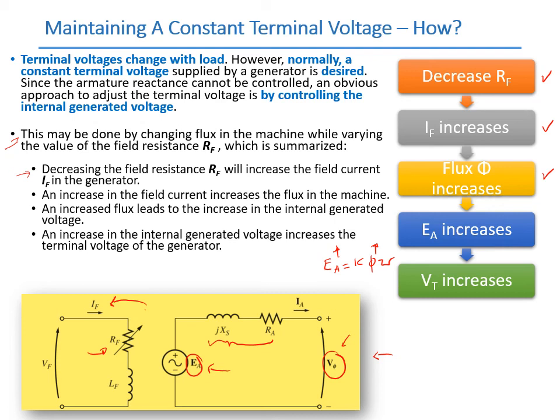Yeah? Because V pi is equal to EA minus jXS IA, and minus IA RA.